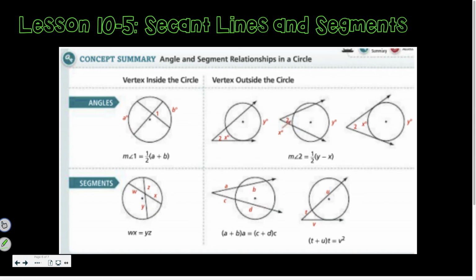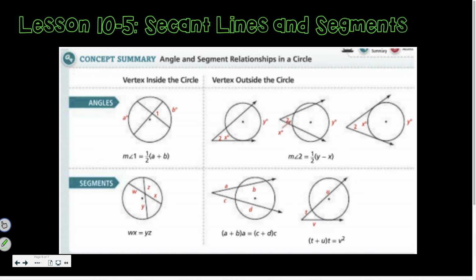Then, if we look at case 1, case 2 stuff, A times this whole length equals C times this whole length. That's how you solve for those segments. And if you just have one, because you have something that's tangent, you say that line that's tangent squared, so in this case that's V. V squared equals this line times the whole thing.